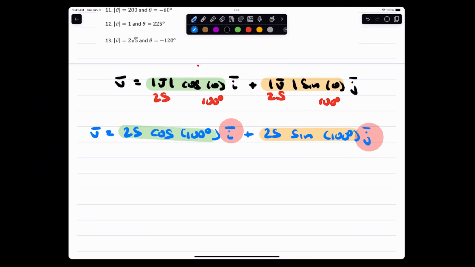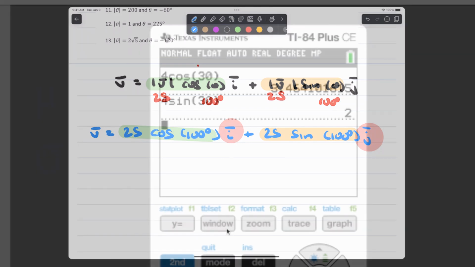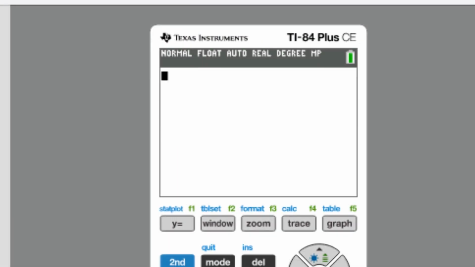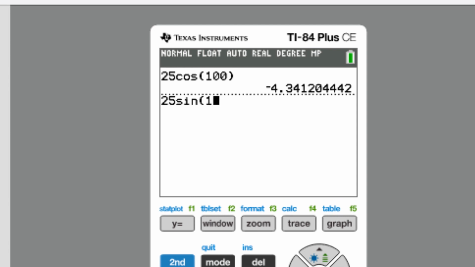Let's double check. Let me show you what I mean by that. So you're going to go to the TI here. And so we're going to have 25 cosine 100, and then 25 sine 100. And what do you guys get now? Maybe we should take a closer look.